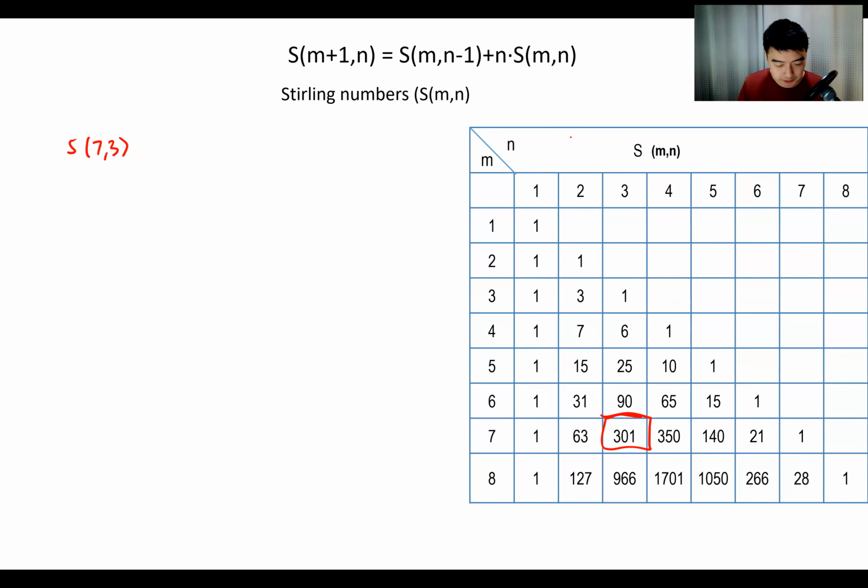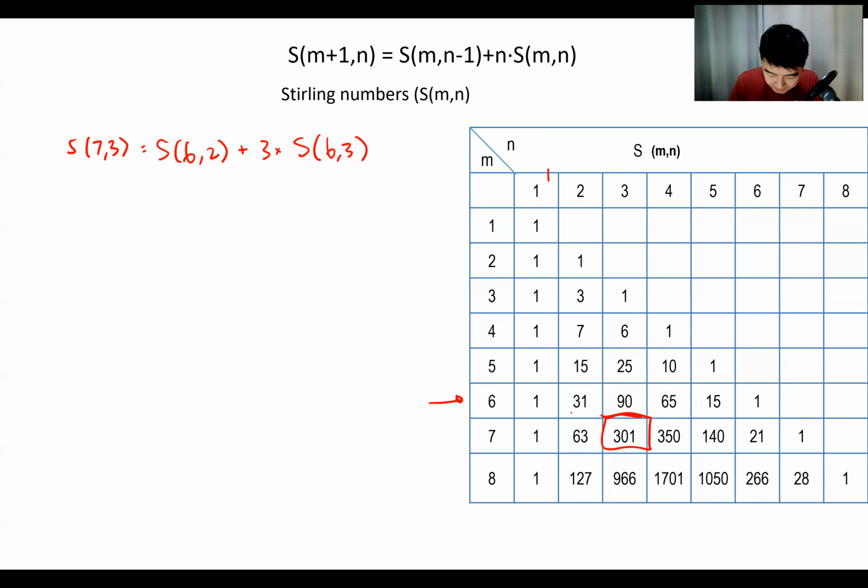I hope everyone is happy with the diagonal as well as this first column, but the rest of these can be generated using this formula. So again, if I wanted to find S of 7, 3, but I knew what the previous row was, I can find S of 7, 3 by taking S of 6, 2 plus, in this case, n times, so 3 times S of 6, 3.